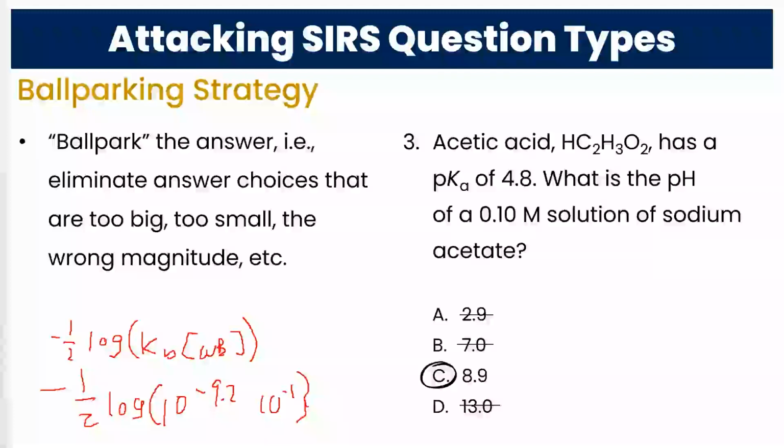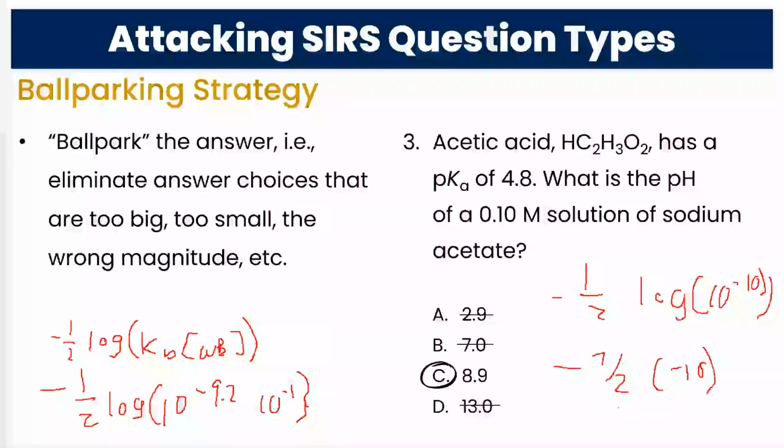So that's going to be what, 10 to the minus 10-ish. So negative 1/2 the log of 10 to the minus 10, which is going to give me negative 1/2 of negative 10, or about 5. But that's actually the pOH.